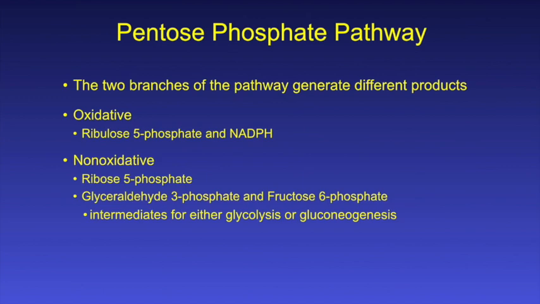We're going to produce the ribose 5-phosphate, and then it's going to manipulate what is produced and produce glyceraldehyde 3-phosphate and fructose 6-phosphate, which are intermediates of glycolysis or gluconeogenesis, which we're going to look at in detail after the pentose phosphate pathway.